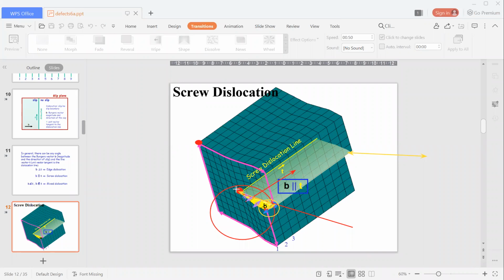Can you see? All these points have migrated by a magnitude which is smaller than one atomic distance.